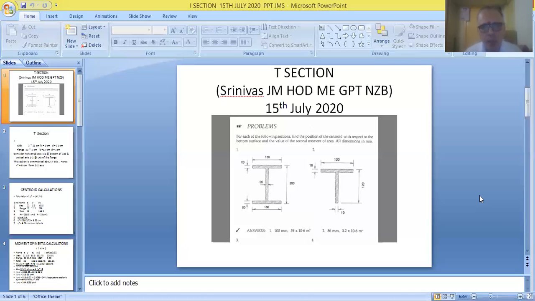So a line is drawn, as I've already told you, friends, a horizontal line is drawn from the bottom of the web for indicating 1 axis. The vertical line is drawn from the left-hand side of the flange for indicating 2 axis.